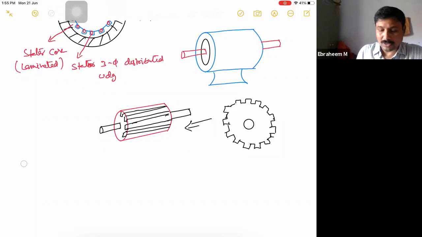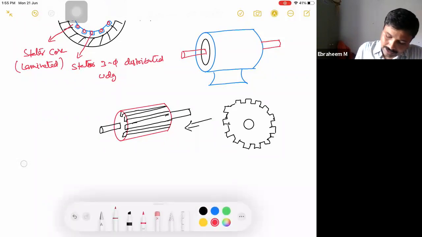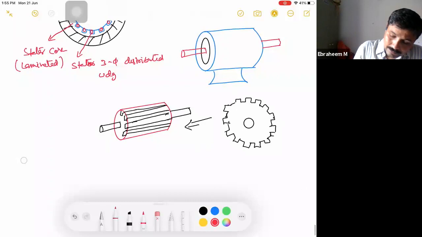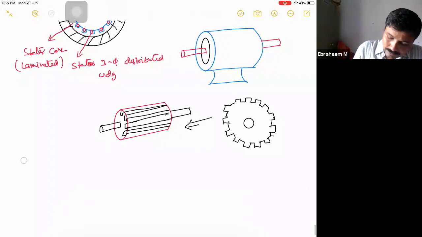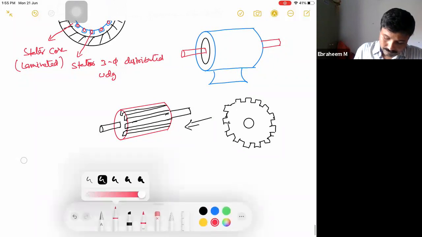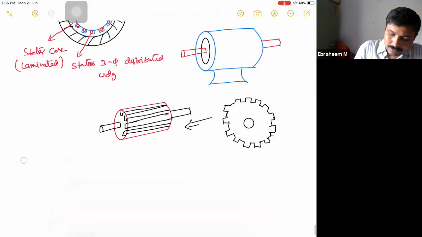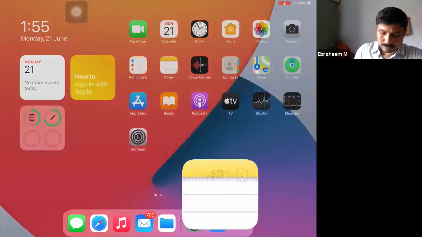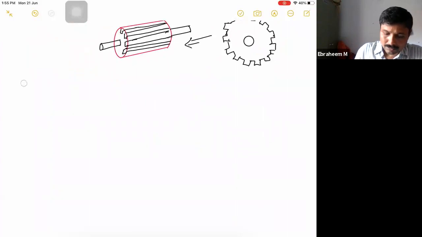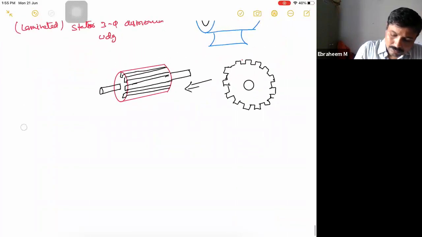There will be conductors again here. This is called the rotor winding.